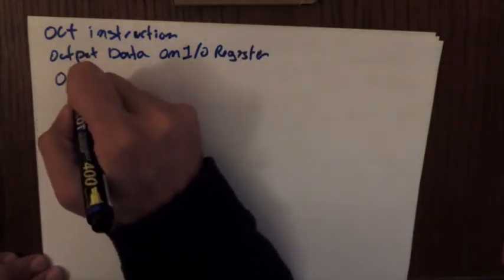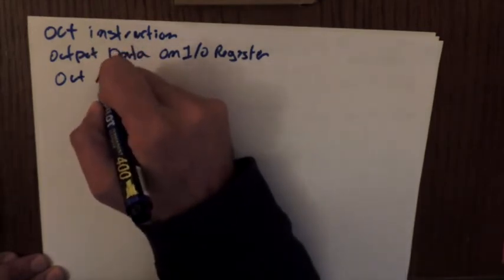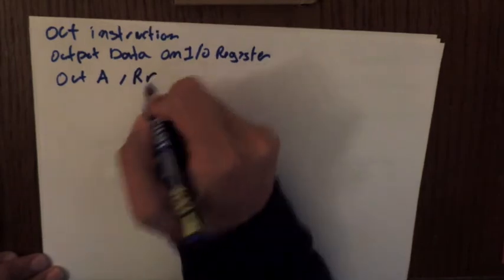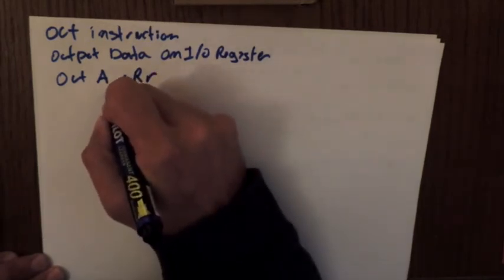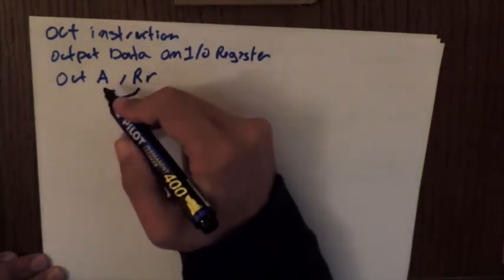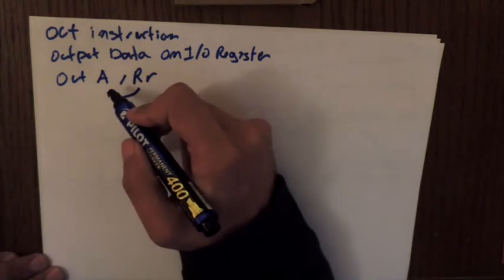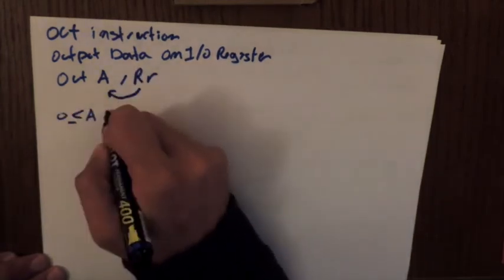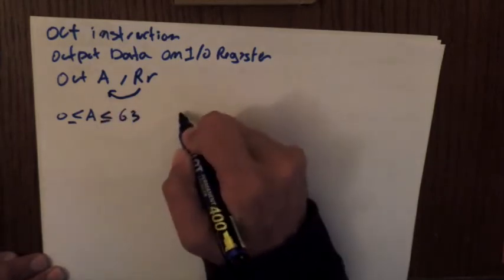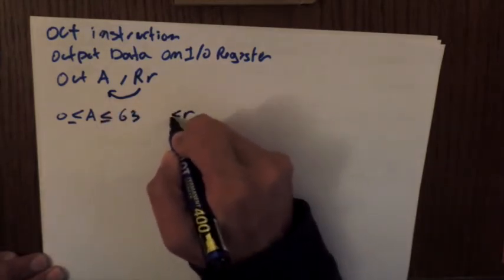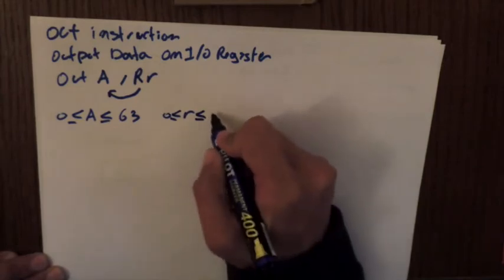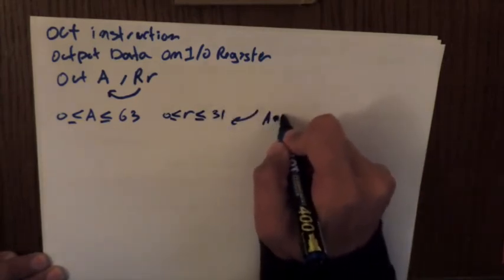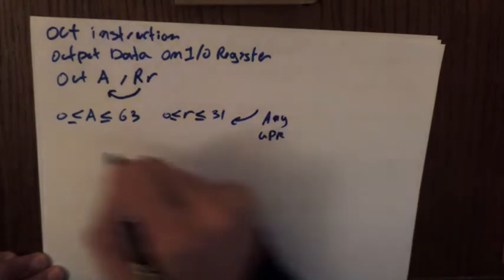It has OUT A, Rr, which is the relative address. And of course, the content of the GPR Rr will go into the IO location A. So A is a number between 0 and 63. R index can be any GPR. So this is any GPR.